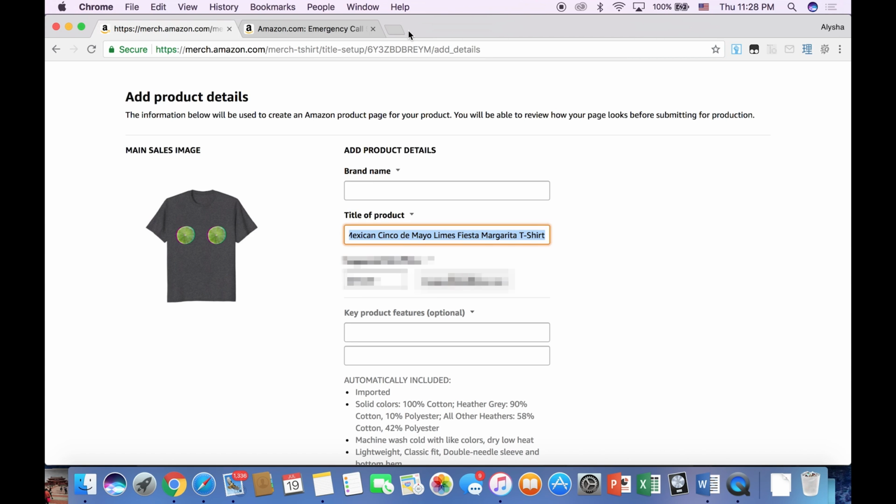So now that I have the title of the product, I want to move on to the description. Before I do that though, we already have some keywords up here, and we want to make sure that we use the most important keywords as many times as possible.